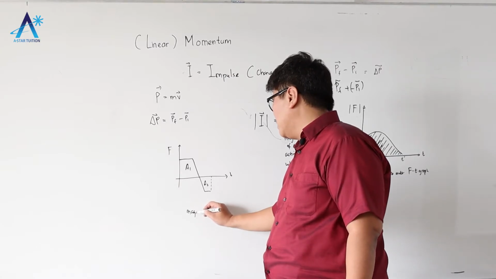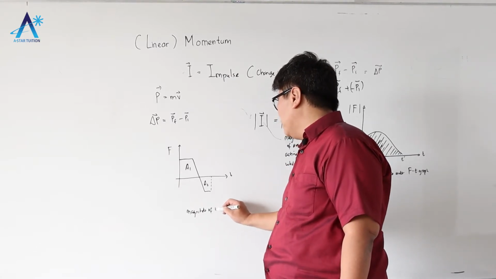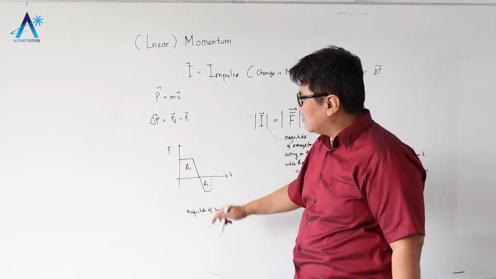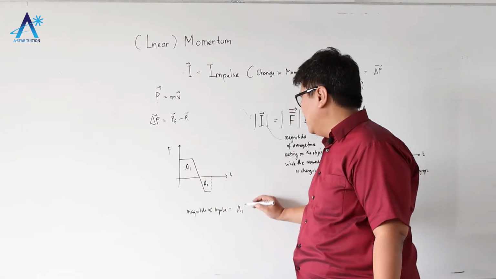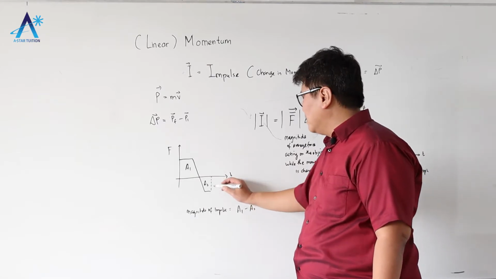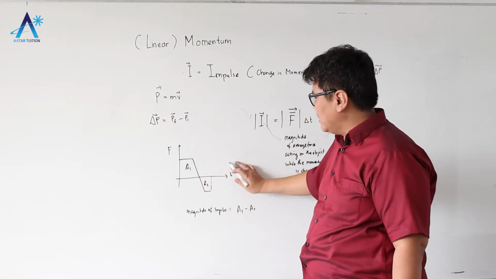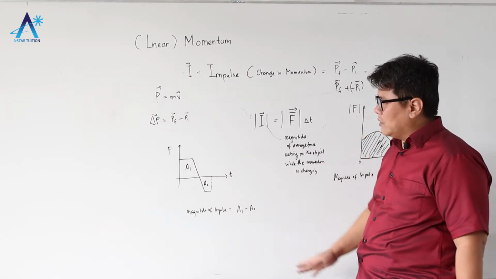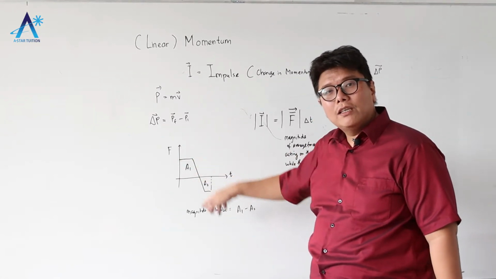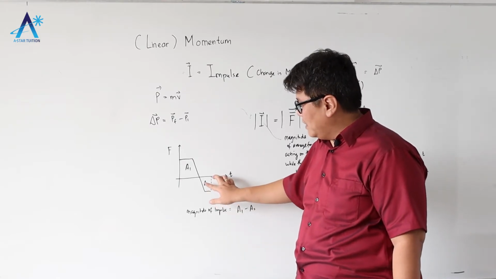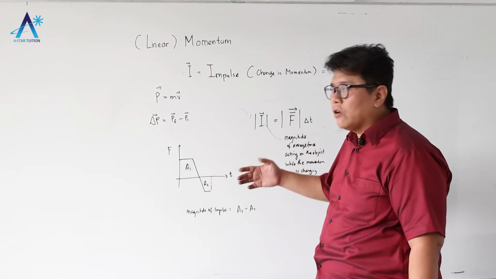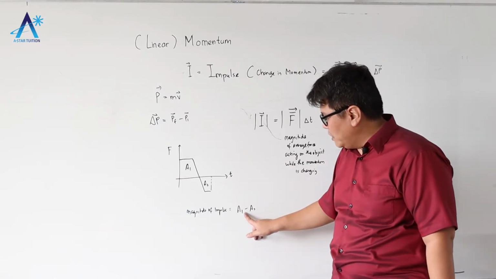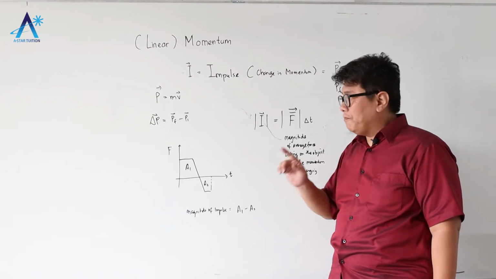So calculate the area of this shape minus the area of the shape below the t-axis. Please understand this, because it is very important. You cannot just add the two areas together, because the negative force actually contributes a negative change in momentum. That's why you need to use the minus sign here.